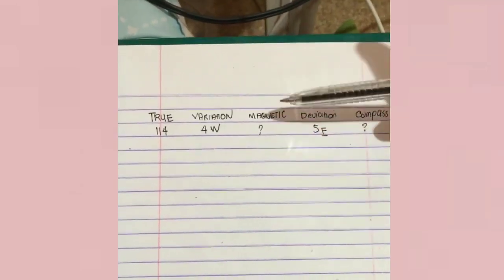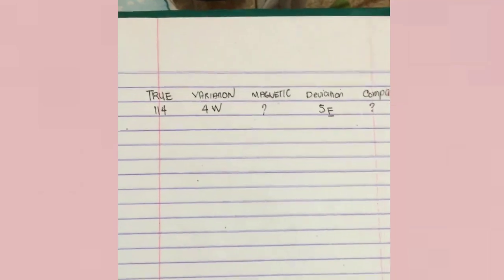The deviation is 5 east, and the compass north is also missing. So in this problem, we should find the value of our magnetic north and the compass north.